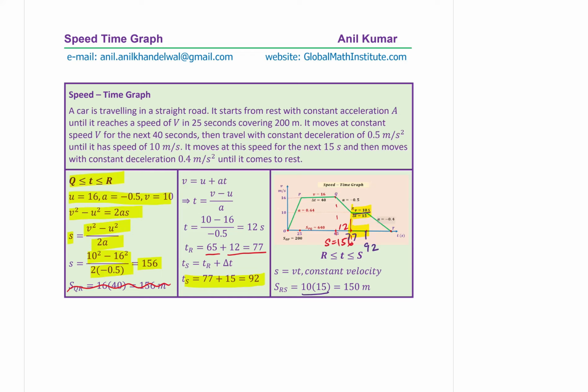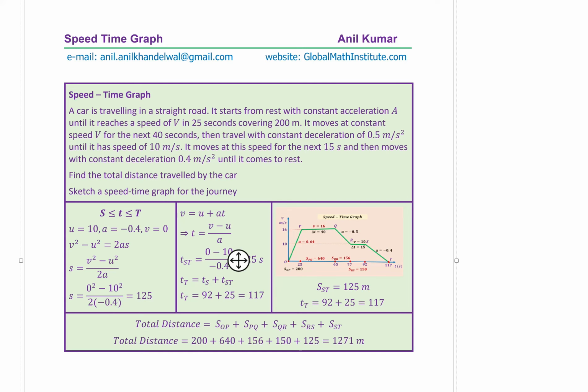Now let's analyze the last phase of this, which is from S to T. So we have already calculated that the time taken to reach R was 77, to reach S is 92, and the distance which we found was 156.